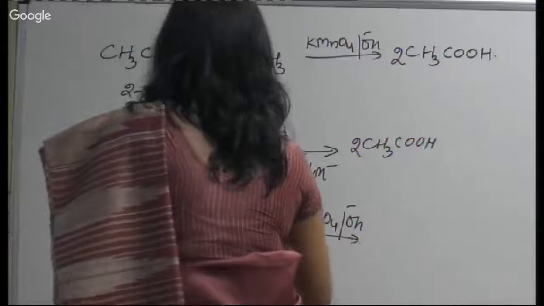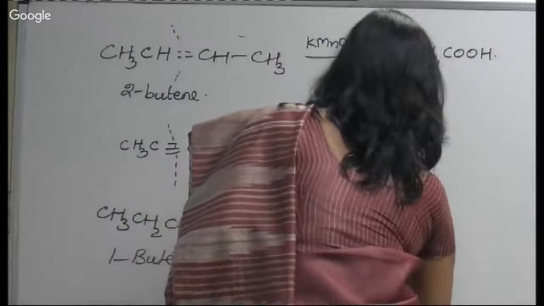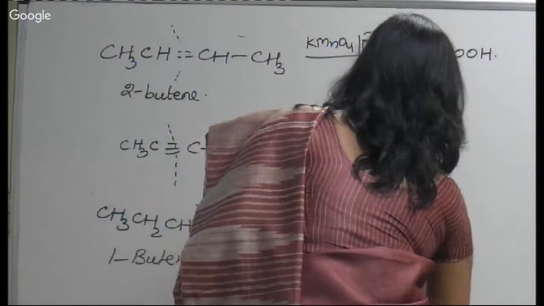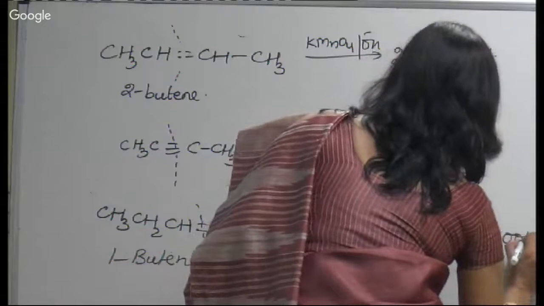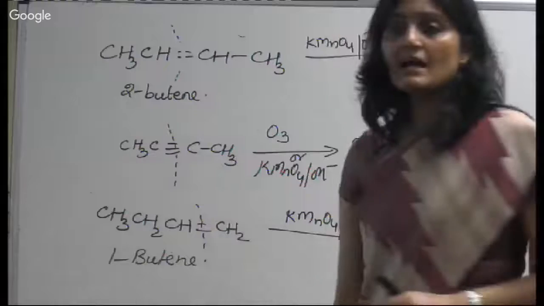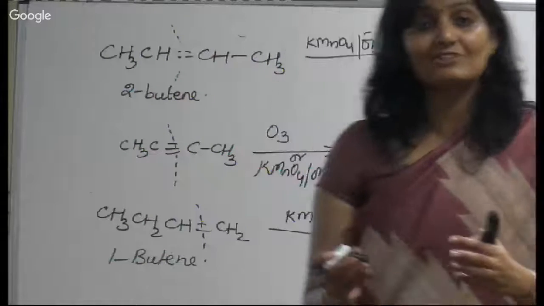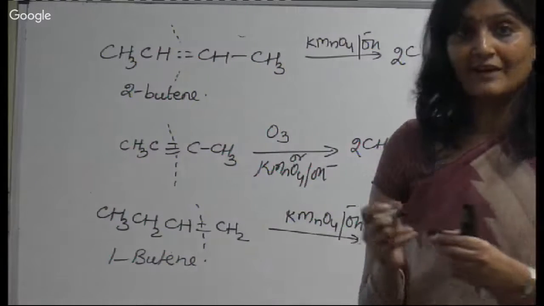My product will be methanoic acid and propanoic acid. You will get a mixture of products being obtained, right?